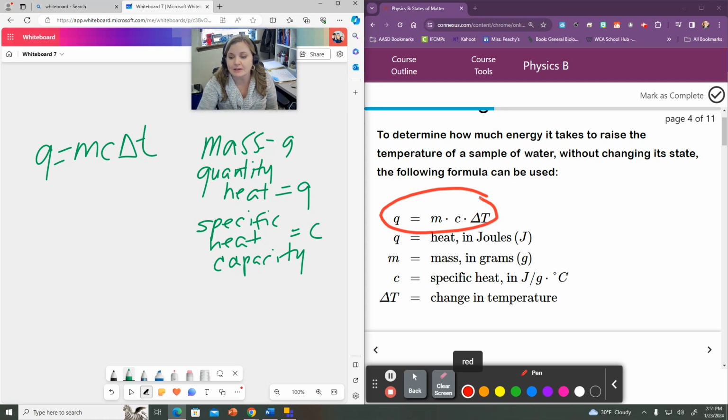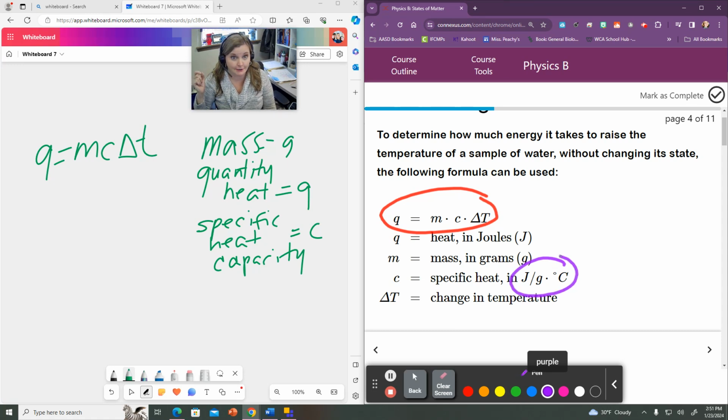And that is the reason why the units are joules, which is heat, because heat is energy, and energy is measured in joules, per gram degrees Celsius. So the amount of heat, the amount of joules needed to change 1 gram, 1 degree Celsius. So that's telling you what you're doing in the units that go with it.